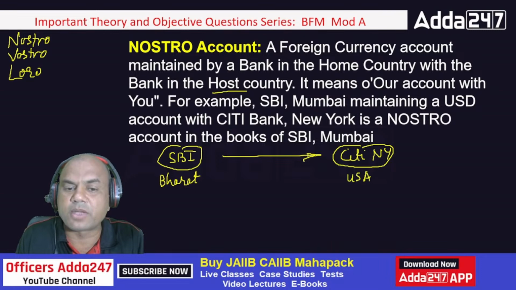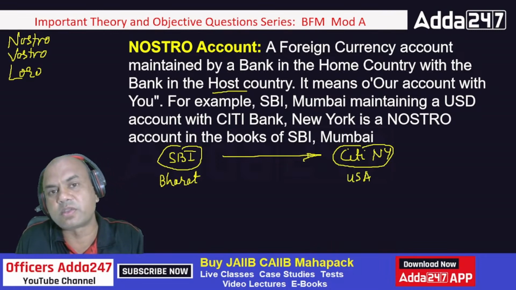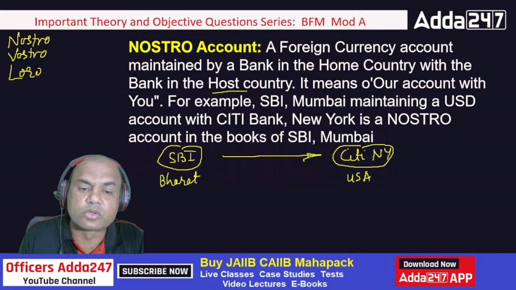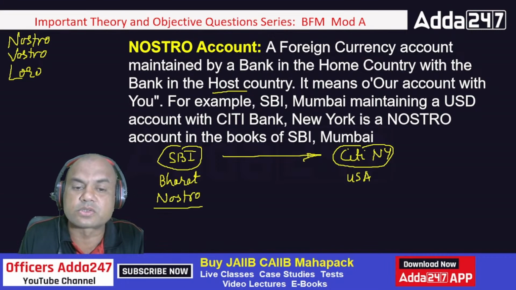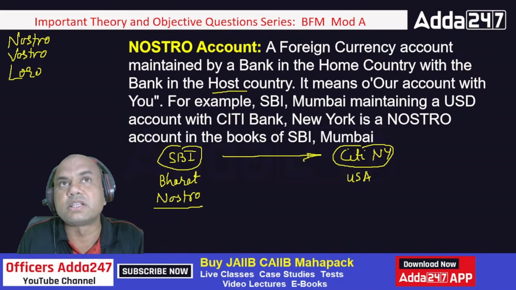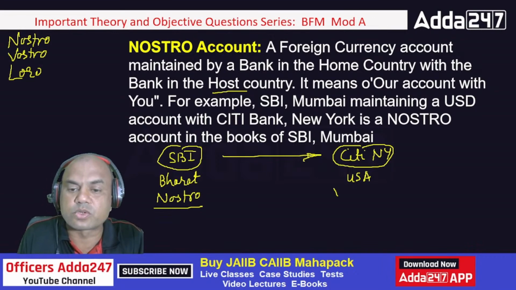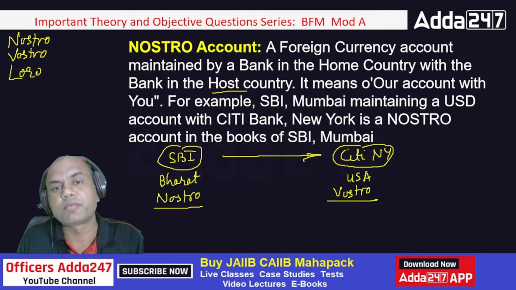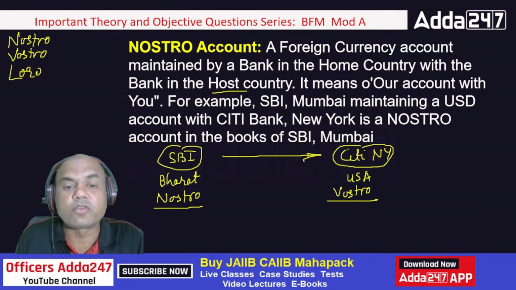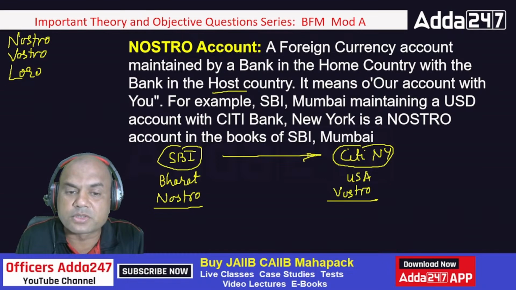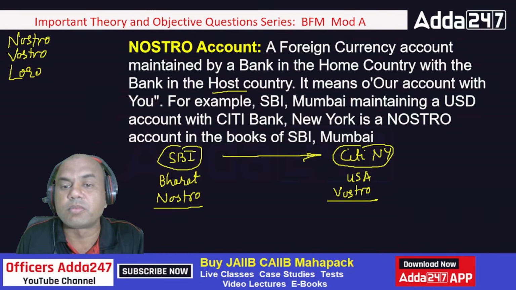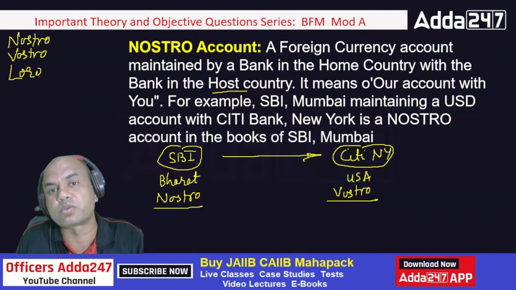So when SBI maintains the account with City USA, this is called Nostro in the accounts of SBI. So SBI calls this Nostro, but Citibank NY calls this Vostro. Remember? So what does it mean? If I maintain my account with you, then in my books it is called Nostro, but in your books it is called Vostro.